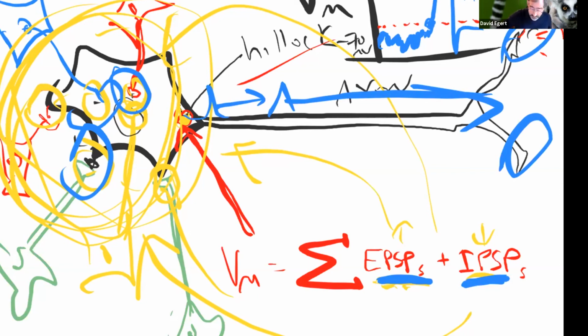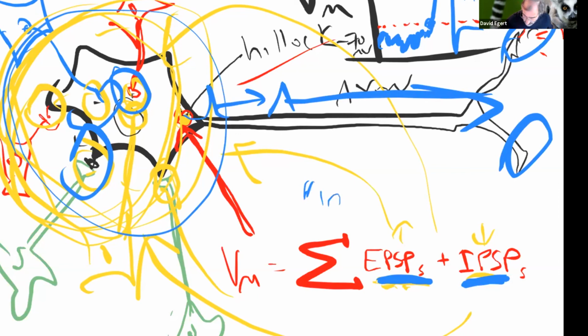So you can think of the neuron as an integrator. It's adding up all of this electrical activity that's talking to it, both the positive and the negative.